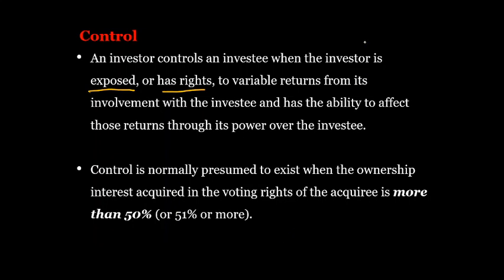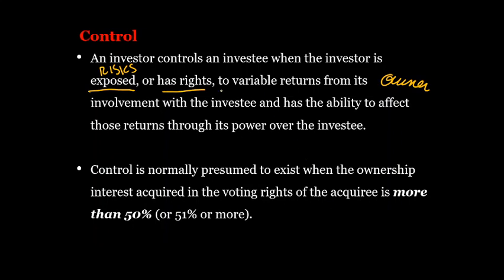So in short, when we say exposed and has the rights to variable returns, that is when you become an owner. Let me write that down. When you are an owner, you will be exposed to risks. The risk of the acquired entities will now be available to the acquiring entity. That's why you are involved or exposed to these types of risks.